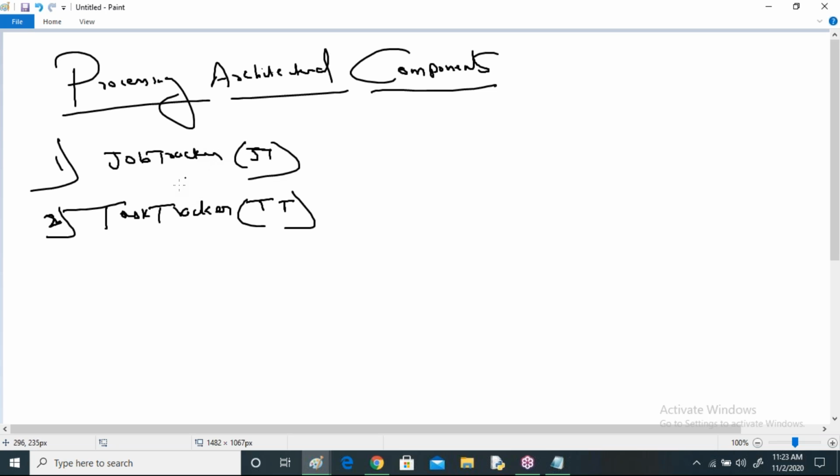The job tracker resides in the master node. The task tracker resides within the slave node.